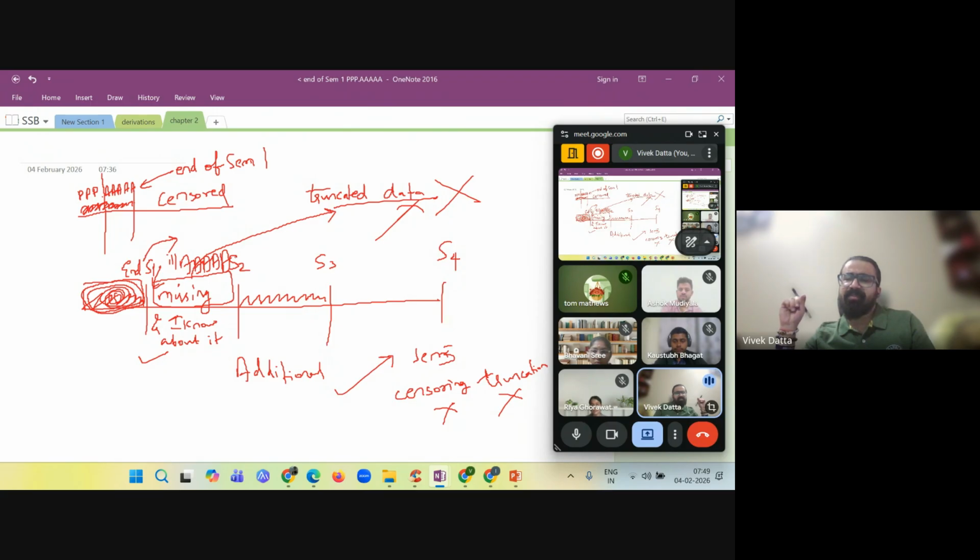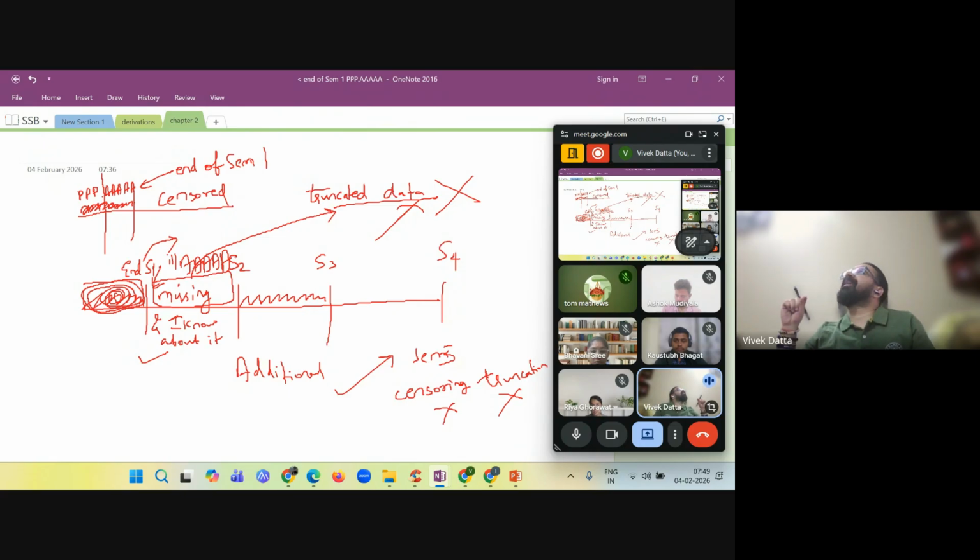For example, if that person dies in an accident, then it is not the event of interest. You understood the difference? The event is as per my definition. Yes.